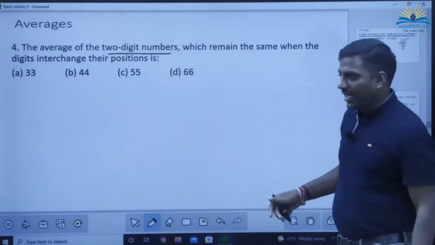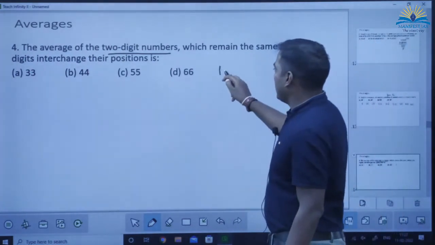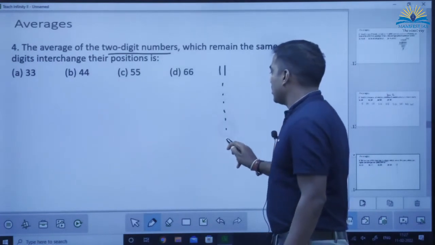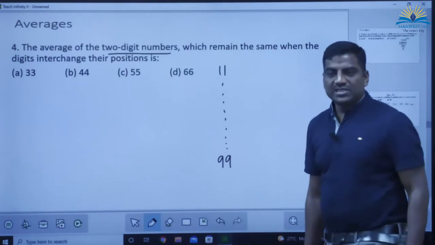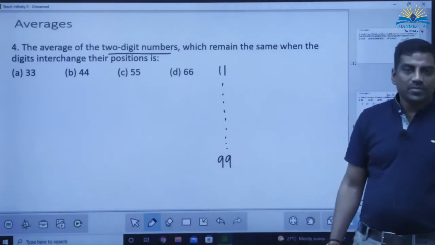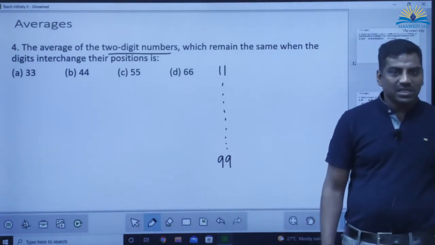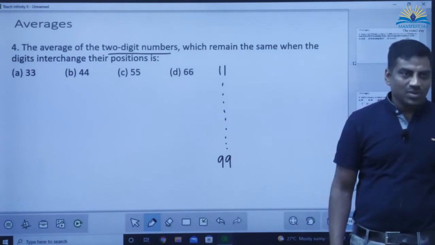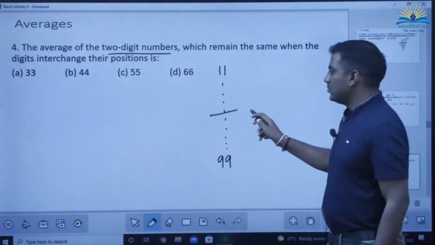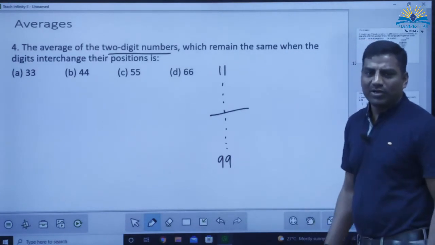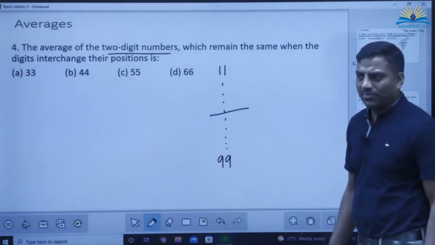11 to 99. The first number is 11 up to 99. How many such numbers are there? 9 such numbers. 11 ones are 11, 11 nines are 99. Now what is the average of these? The middlemost value. Don't write all those 11, 22, 33, 44, 55.